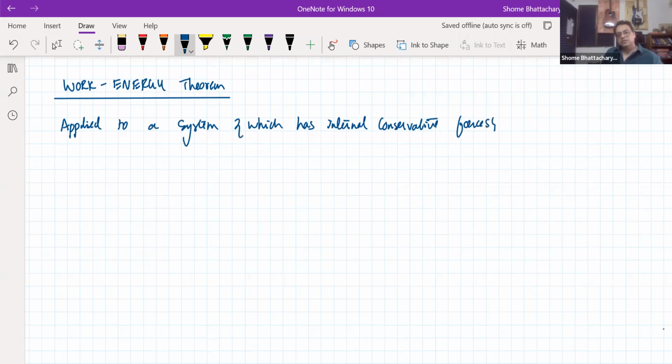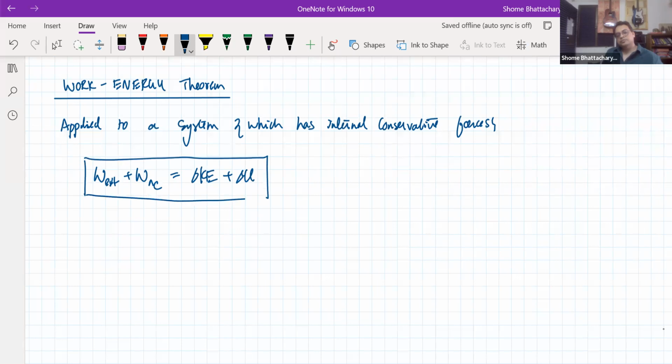Okay, so the statement of the theorem is that the work done by external forces plus work done by any non-conservative forces is equal to the change in kinetic energy plus change in potential energy of the system. So this is the work done by external forces.